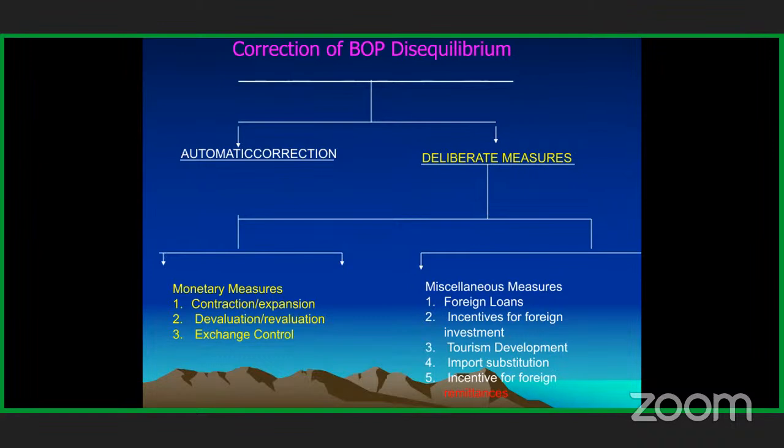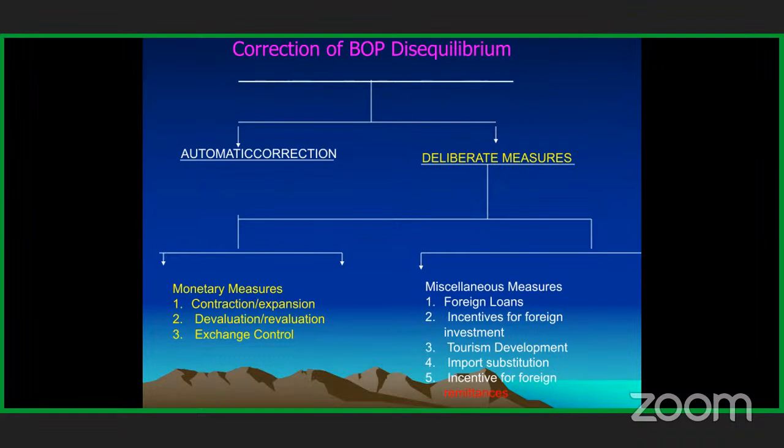In India, the Reserve Bank contracts the volume of credit in the economy by using quantitative and qualitative methods of credit control: increasing the bank rate, open market operations, making changes in CRR, cash reserve ratio, and SLR, and other measures also.